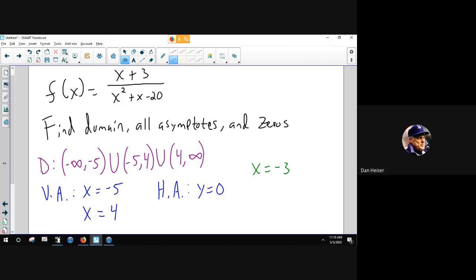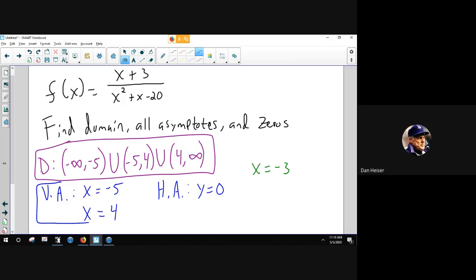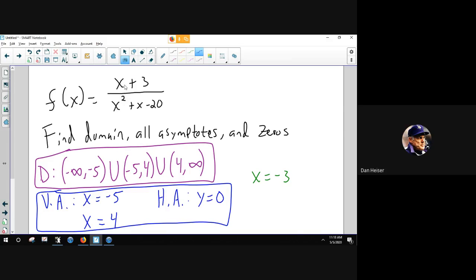So putting all this together, we have our domain. x is going to be any number except negative 5, positive 4. We have a vertical asymptote at x equals negative 5, a vertical asymptote at x equals 4. We looked at the degree of the numerator, saw that it was less than the degree of the denominator.